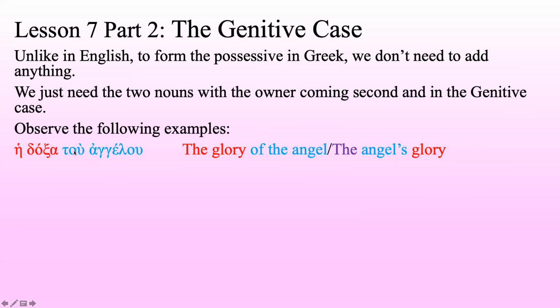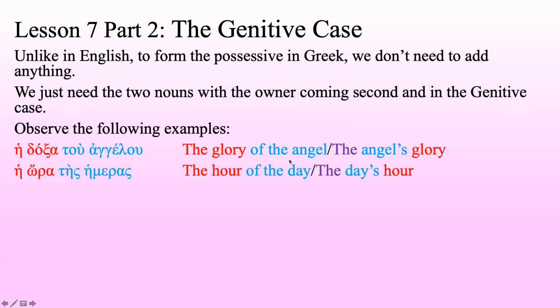Here in Greek, the whole phrase is describing glory. We only end up with one "the," though, if we put it in this order. We don't say "the angel's the glory." We just don't do that. That's why I made the purple, because the "the" from both of them gets blended together. If we put it in this structure, though, we do need the "the" twice, the glory of the angel.